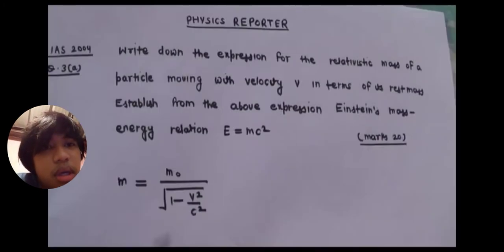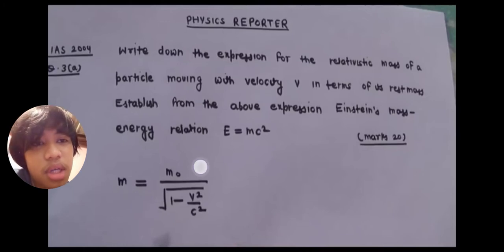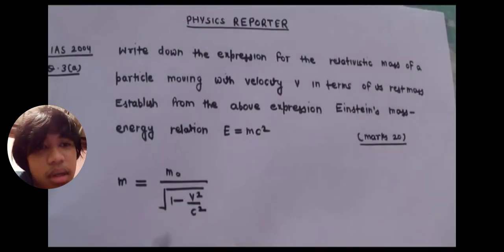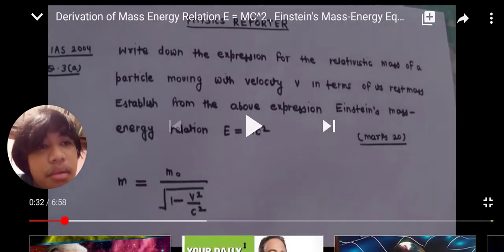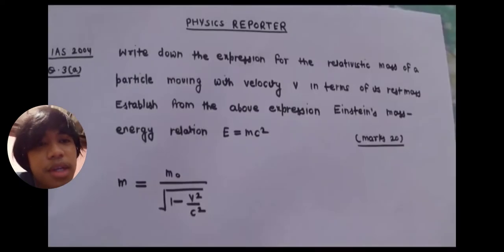So M is the moving mass, and M sub naught is the initial mass which is not moving, divided by the square root of 1 minus the velocity of that moving mass over the speed of light squared. So that is the mass of a moving object.